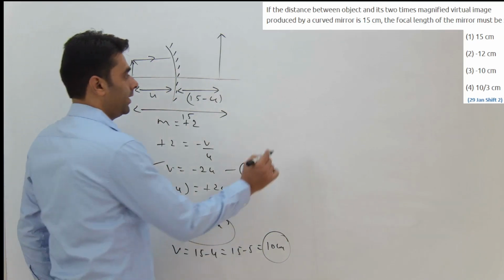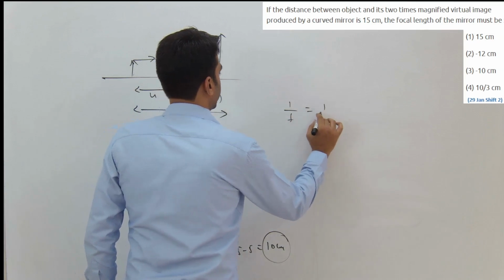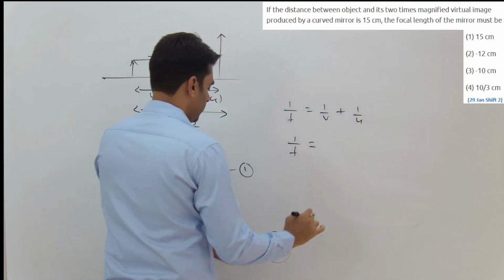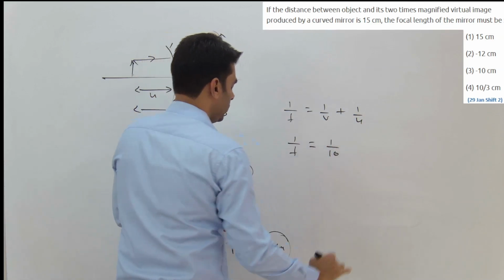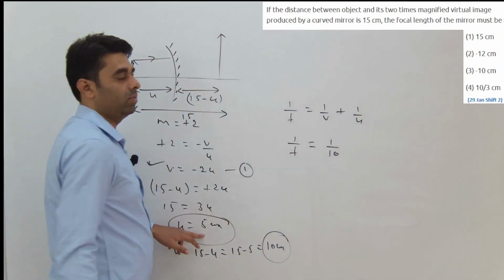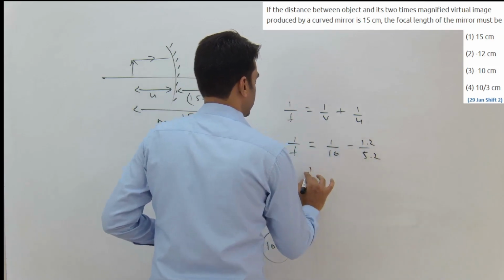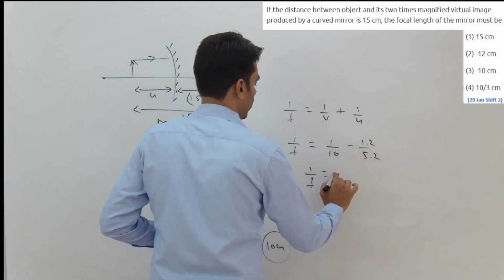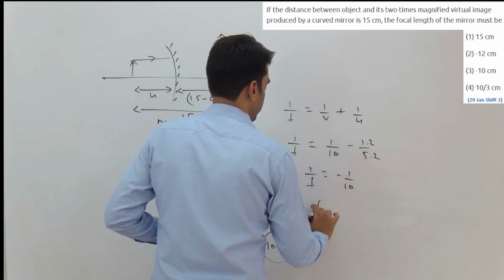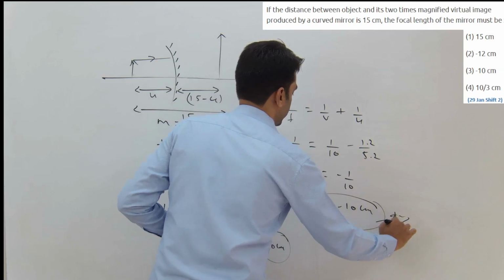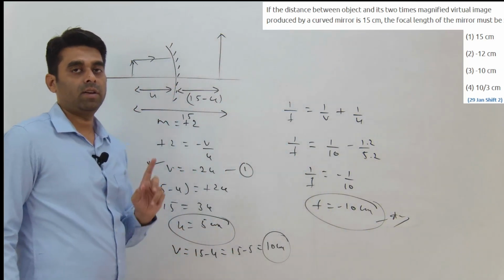What can we write? 1 by F is equals to 1 by V plus 1 by U. 1 by F is equals to V is 10, and U with sign convention it will come out to be minus 5, minus 1 by 5. When we solve it, we get minus 1 by 10. Focal length is minus 10 centimeter.